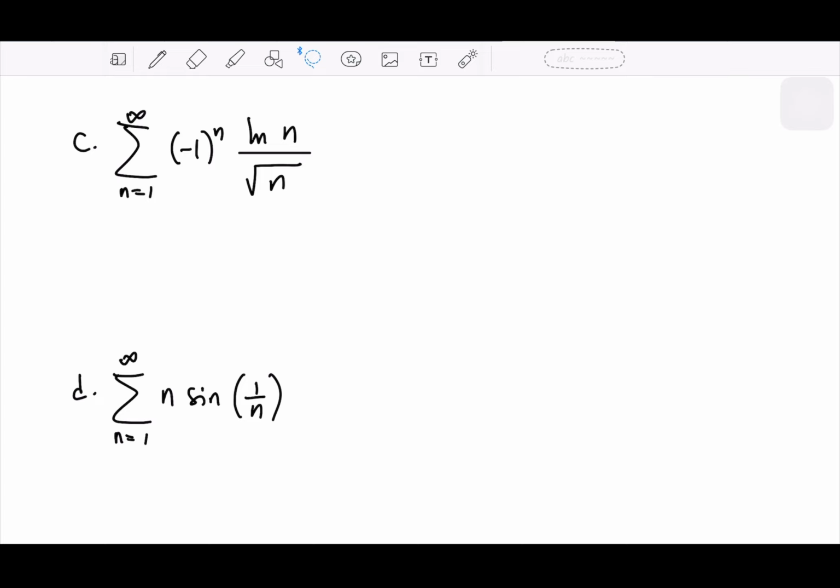So what is number one? The first one? See, convergent or divergent? Any other answer? Convergent or divergent?